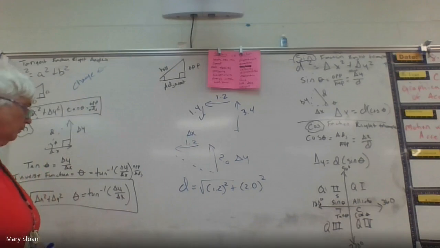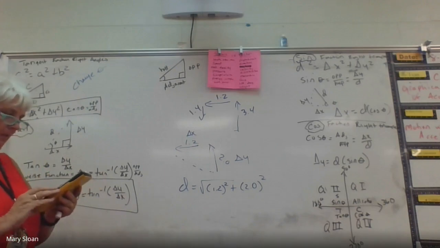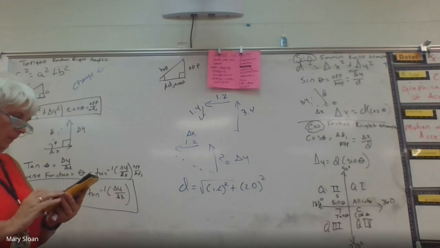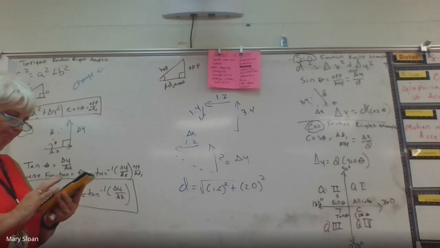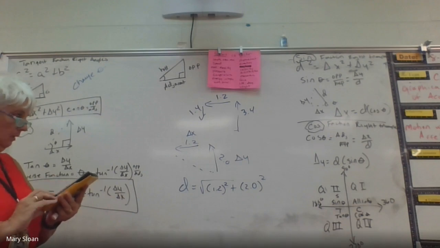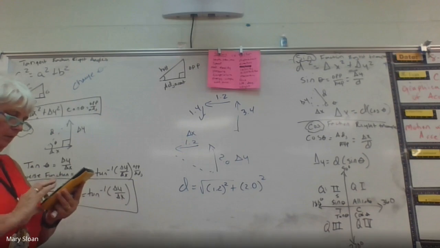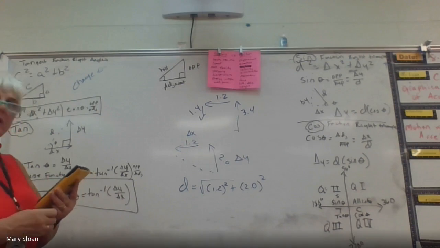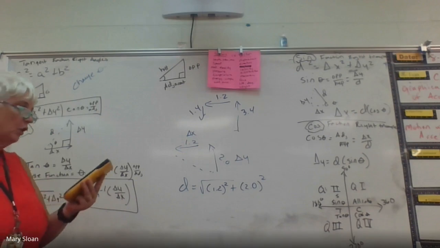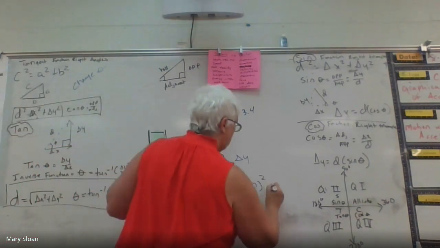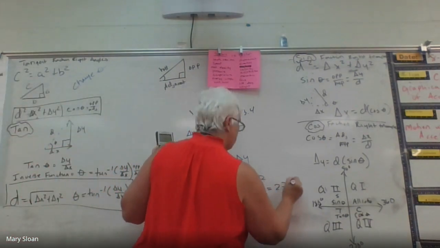Okay, so what did we get? Square root of 1.2 squared plus 2.0 squared. What did you get? 2.3. Okay, so he went 2.33.